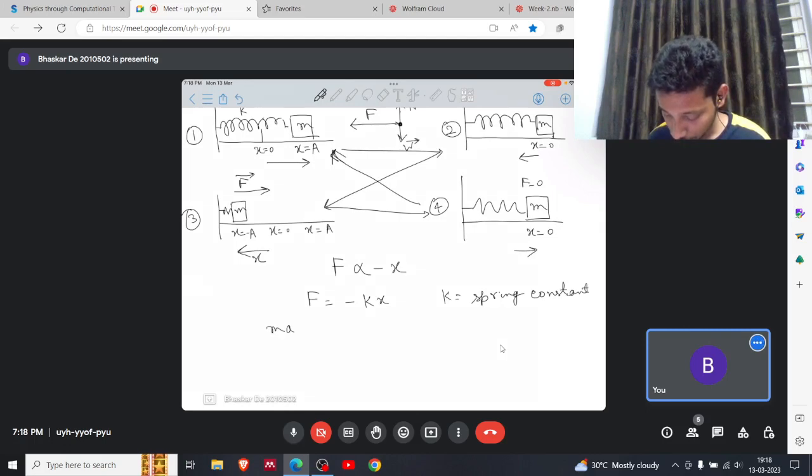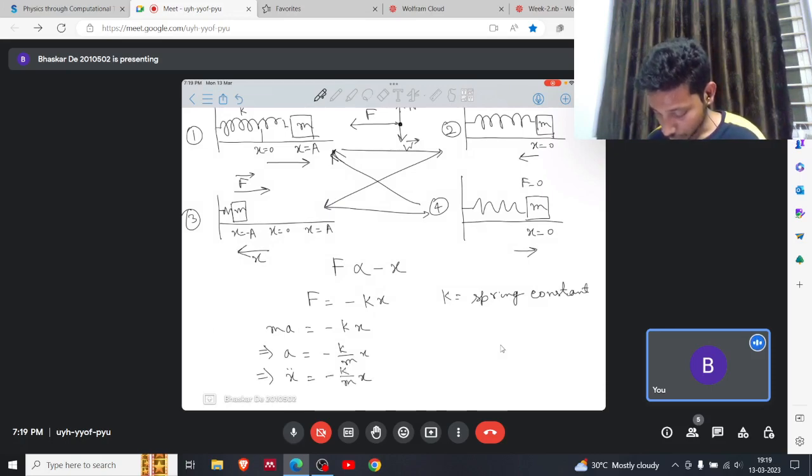Now ma equal to minus kx, so a equal to minus k by m x, or x double dot equal to minus k by m x. Here we can simplify this like omega square x. This is the equation of SHM.